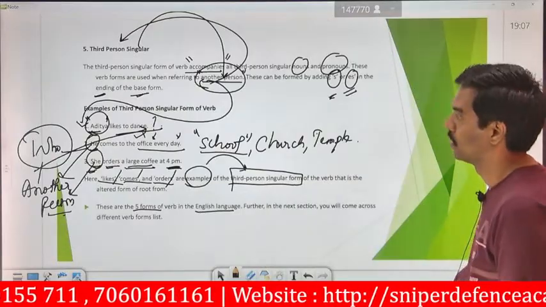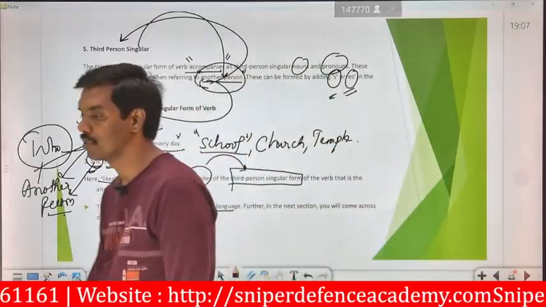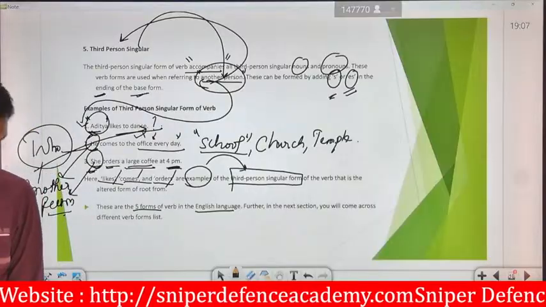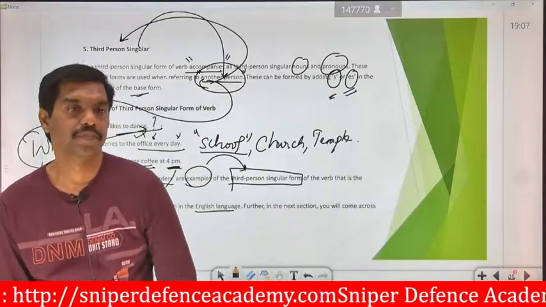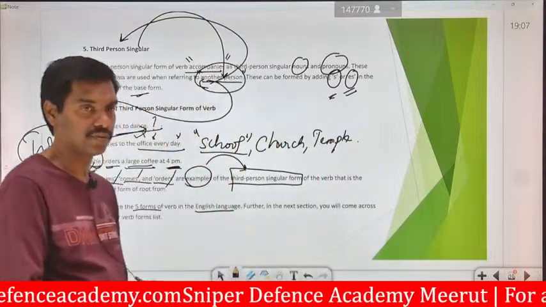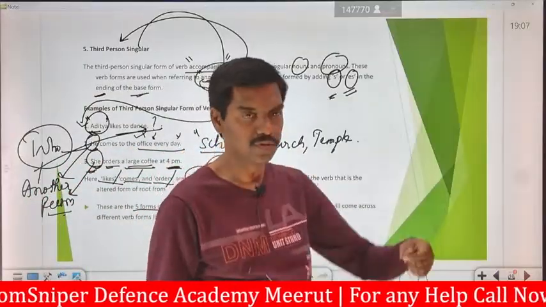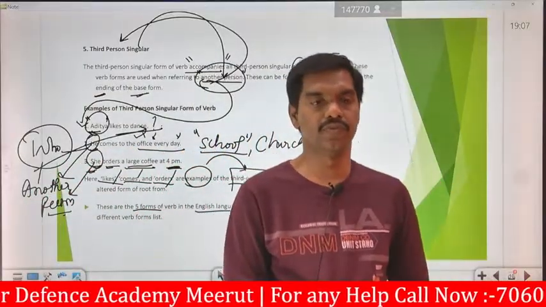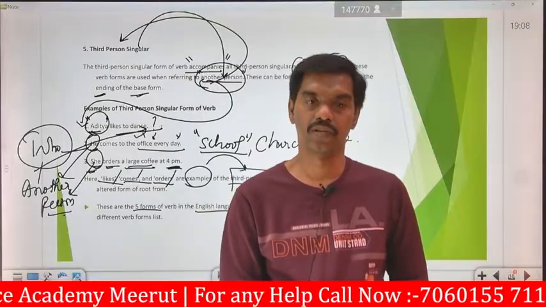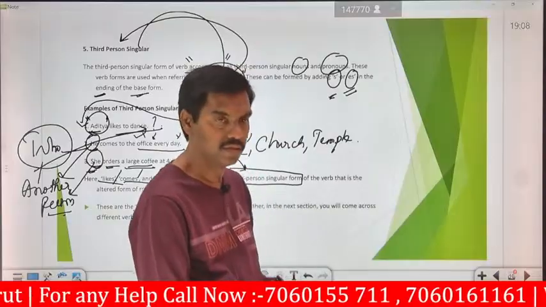Number 5 is the singular form, or third person singular form. Okay, so we have seen so far the types of verbs. And tomorrow we will see what V1, V2, V3, V4 and V5 are, one by one. Okay, thank you one and all.